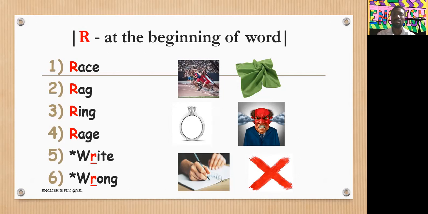Okay, the next one is rag. I'm just going to be using my mouse to point so that you can have an idea of what a rag is. So the next one is rag, which is number two. Rag. We are doing the R sound.